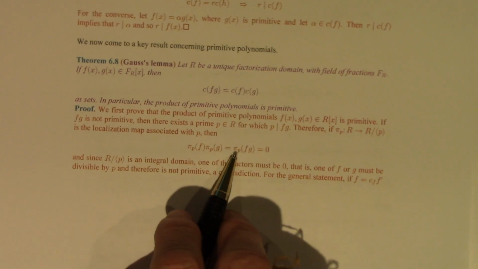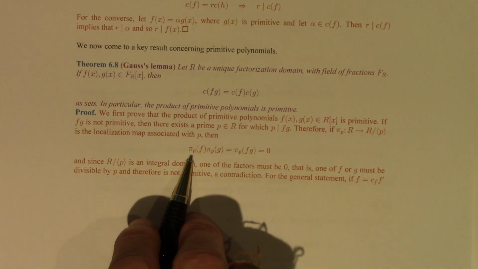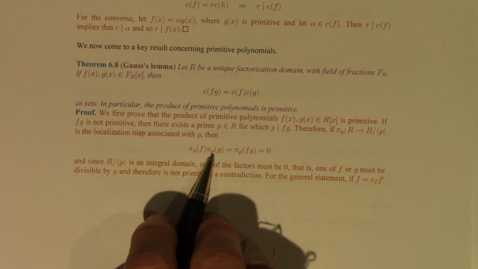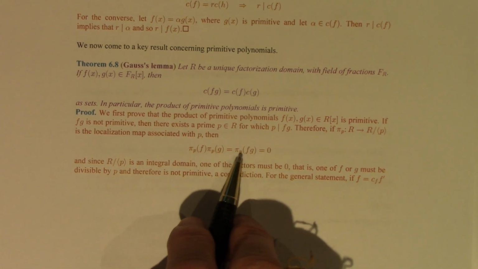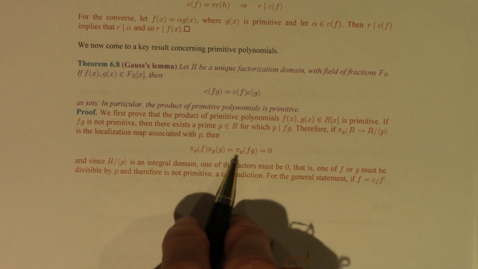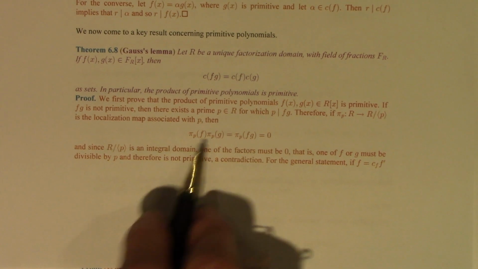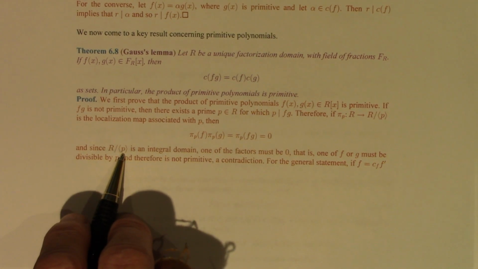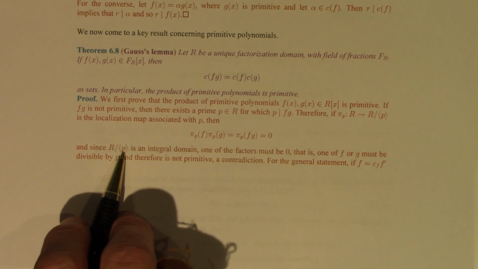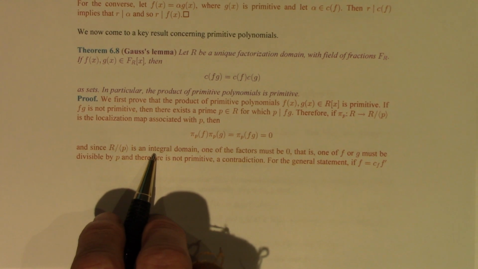So when we apply it to fg, it's the same as pi sub P of f times pi sub P of g. But since P divides fg, pi sub P sends fg to 0. But because P is a prime, the ideal generated by P is a prime ideal. The quotient is an integral domain.